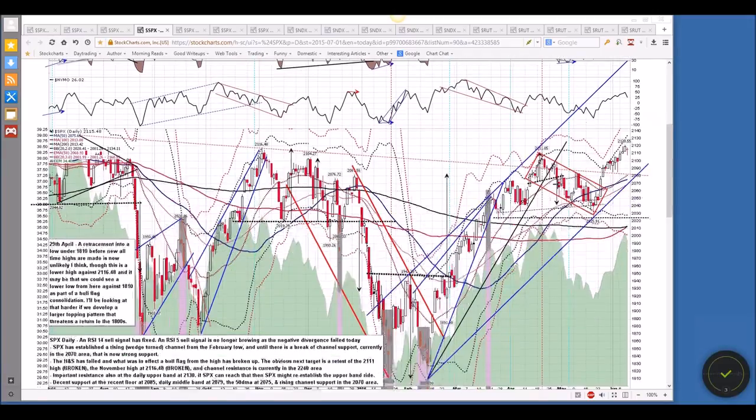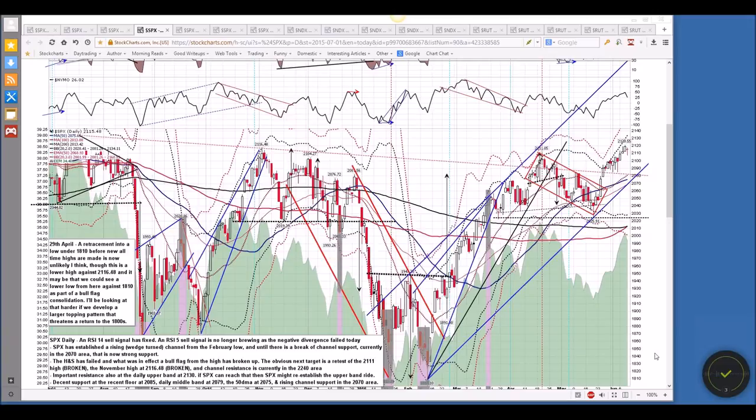Anyway, having a look at this, this is the pattern we've got here. This could be a double top, and even if this gets up to 2140, that would be fine. If you got up to 2160, that's probably more likely to be a head and shoulders pattern. But if we went up to, let's say, 2135, 2138 and failed, and this broke down from here, this would be a double top with alternate targets.